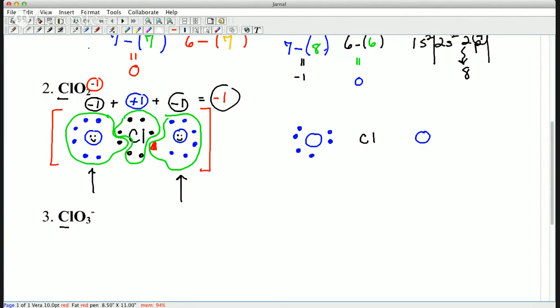Chlorine is going to have 2 pairs here, and we'll just try this for size. Then we'll do a dot here, and we have that red triangle, and we have 1, 2, 3, 4, 5, and 6. I guess I can move that over.